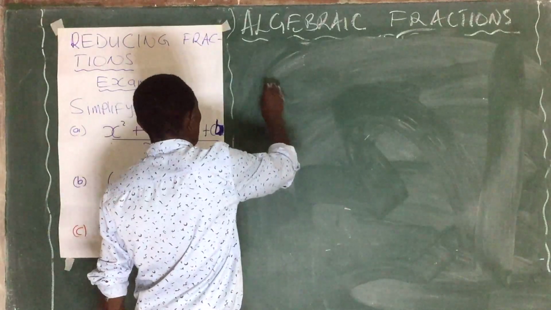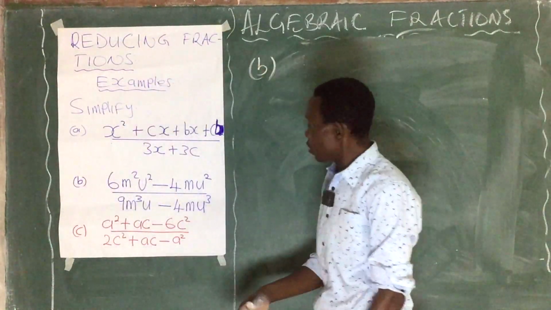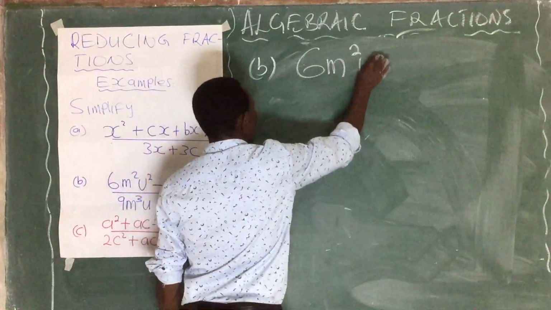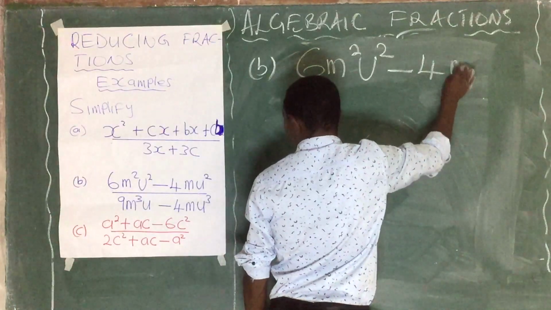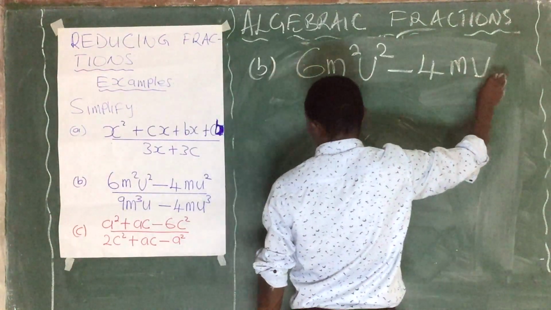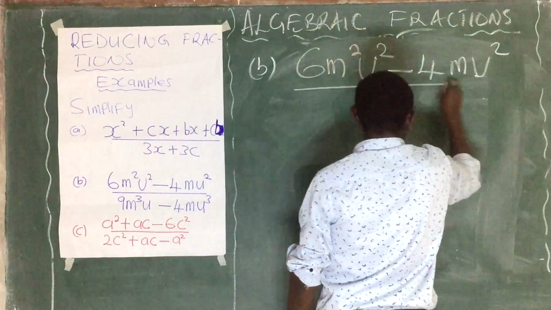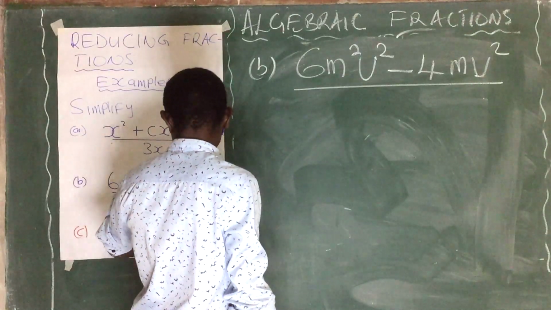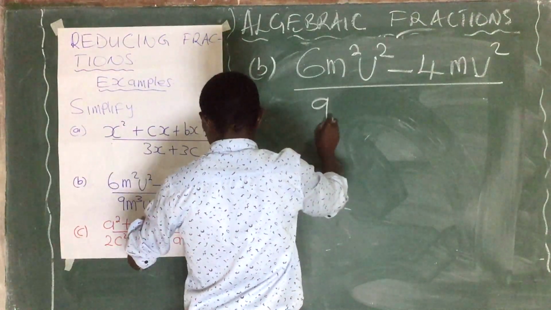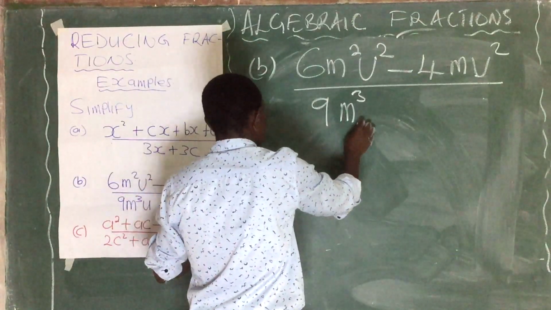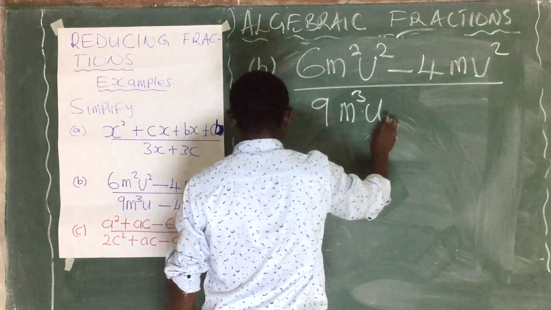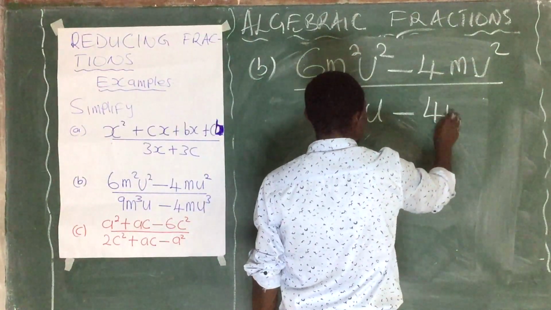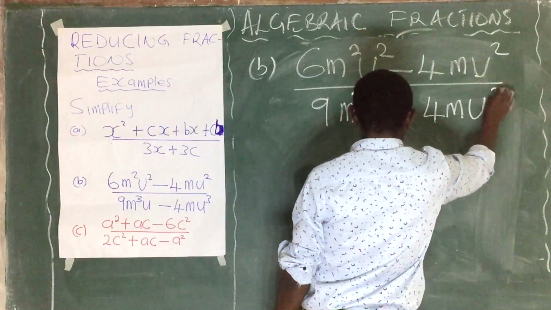Right, so here we go to example b, where we need to simplify 6m squared v squared minus 4mv squared, over 9m to the power 3 minus 4mu to the power 3.